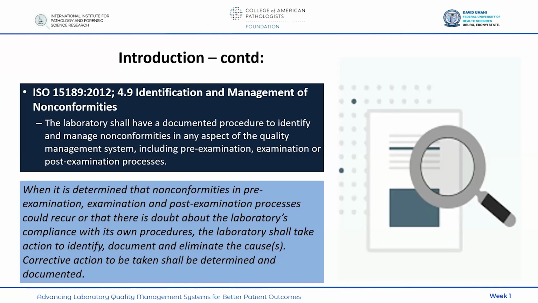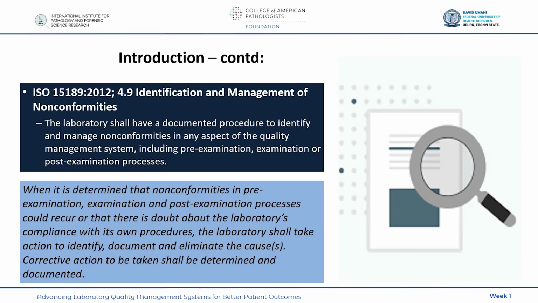Okay, so when it is determined, I'm quoting it as it is, when it is determined that non-conformities in pre-examination, examination, and post-examination processes could recur, or that there is doubt about the laboratory's compliance with its own procedures, the laboratory shall take action to identify, document, and eliminate the causes.